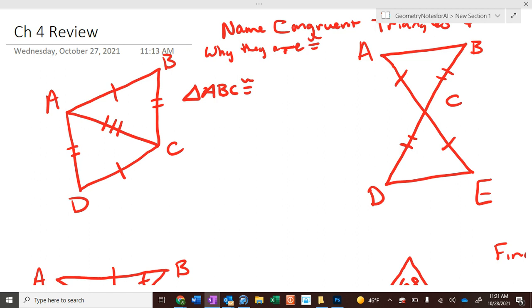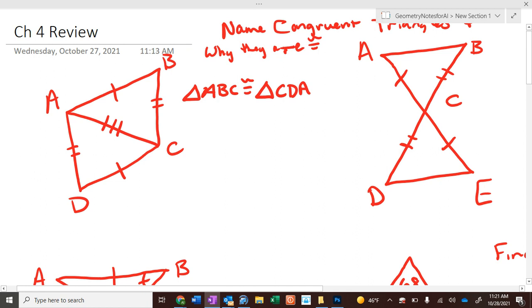So do I go ADC? ACD? CDA. I got to go this way, because if I go across 1 mark, 2 marks, then I got to go across 1 mark, 2 marks. So that's triangle CDA.